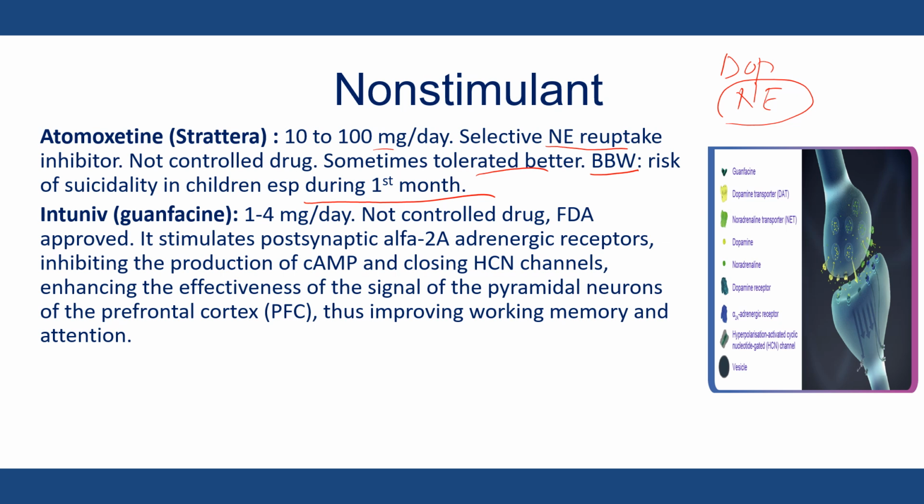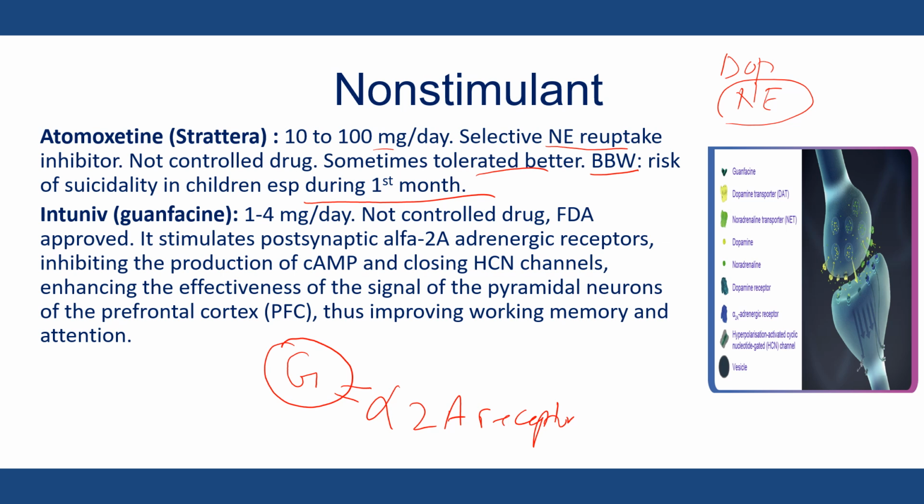Now, the difference between clonidine and guanfacine is, I'm going to draw this diagram here real quick. If I put guanfacine here, this drug will target the alpha-2A receptor. Now, alpha-2 receptors are present throughout the central nervous system, but these receptors are the mediators of the effect of norepinephrine.